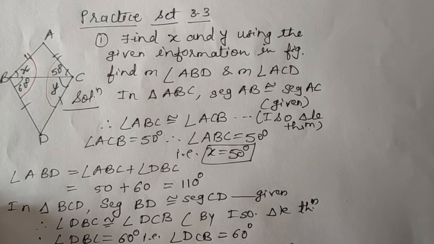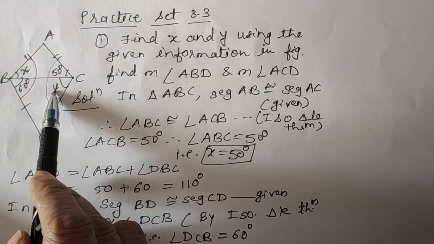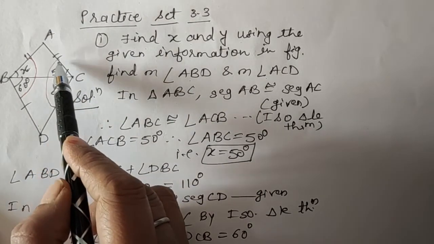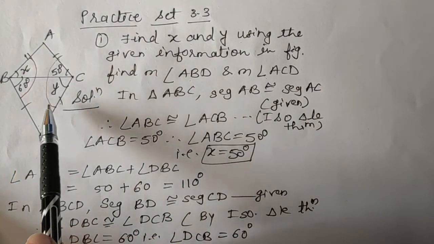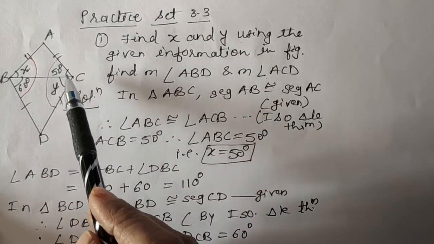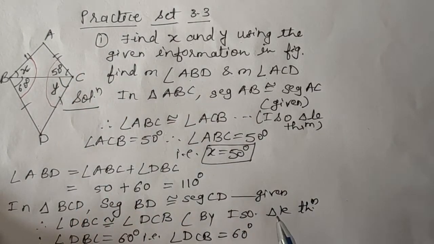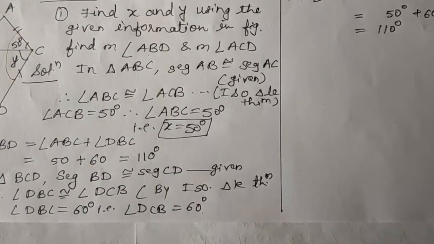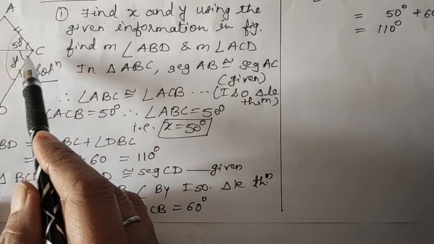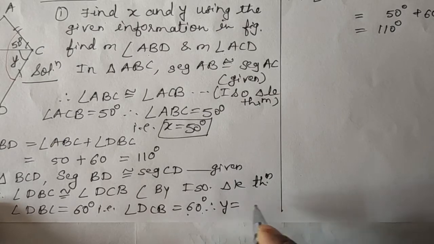Okay, and now you can see, children, you got this angle as 60 degrees. Again by the angle addition property, you are going to get the measure of angle ACD, this complete angle, by adding these two, as we have got the value of y as 60 degrees. And this DCB is y.